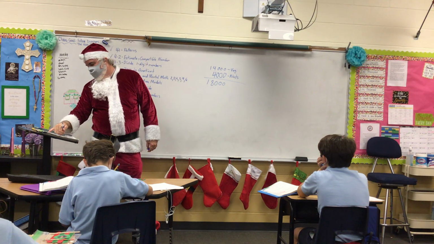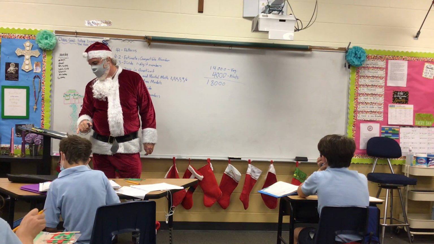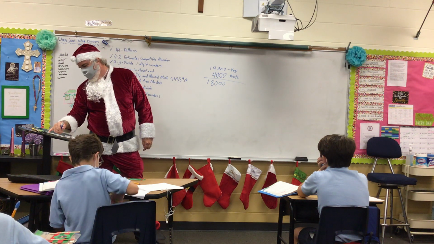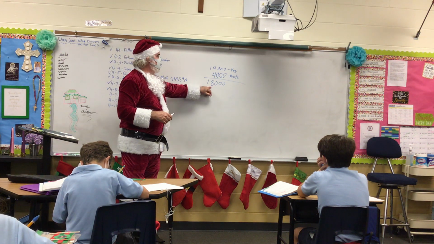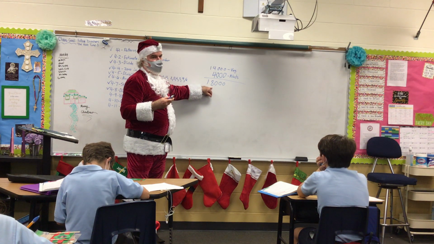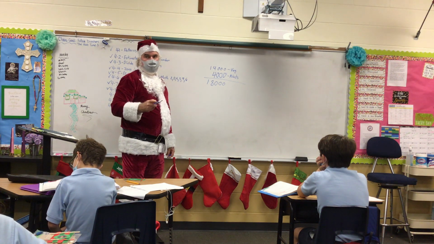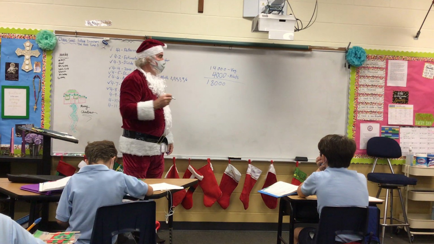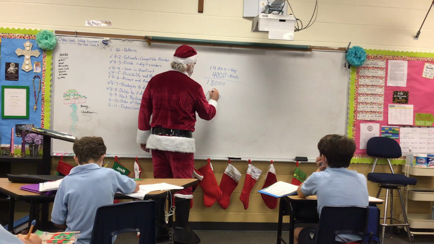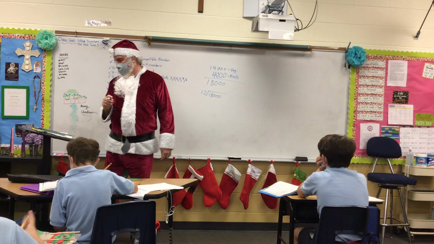Now, the vegetables weigh 12 times as much as the berries. So if these are 12 times as much as the berries, then I gotta do what here? To find the berries. 18,000 times 12. You gotta divide it. Oh, divided. I gotta divide it.